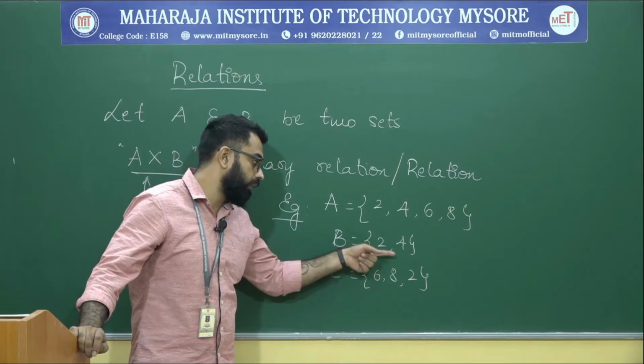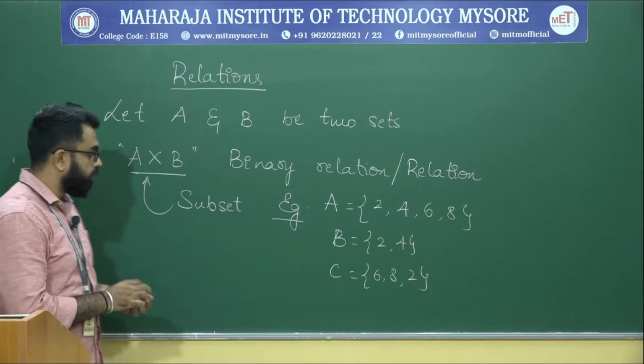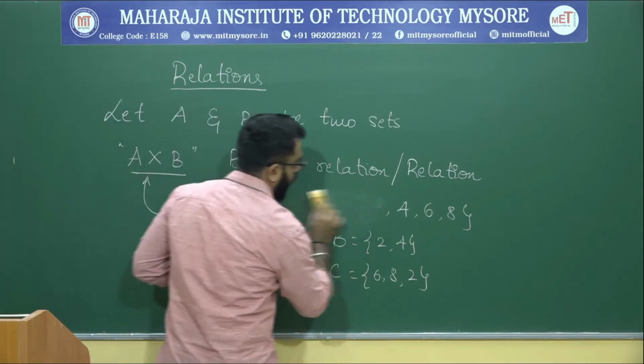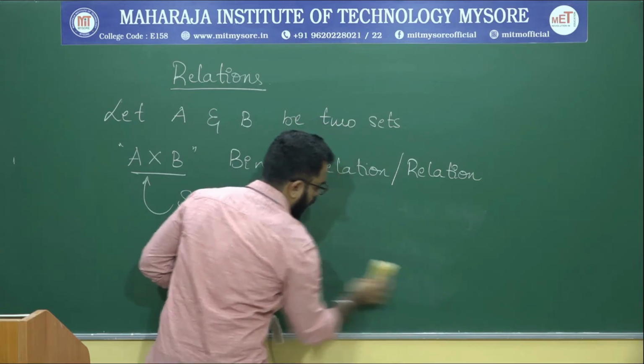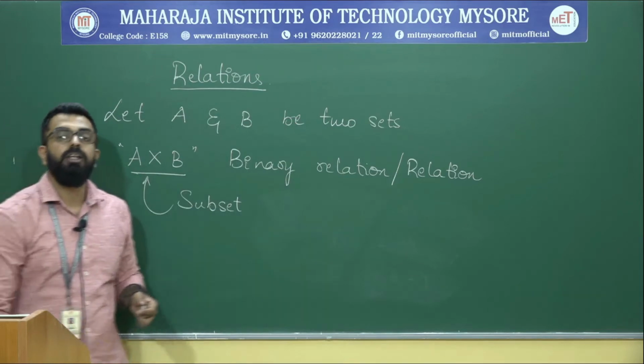Because they contain elements which are there in the set A also. Similarly, if I can write a subset of the Cartesian product A cross B, then that subset is called a relation.